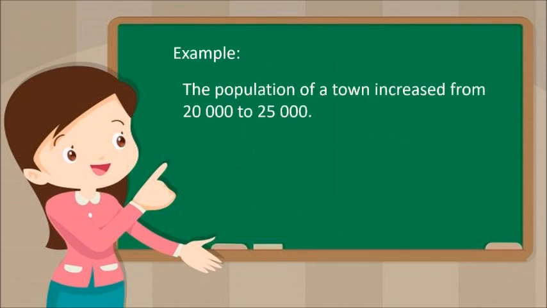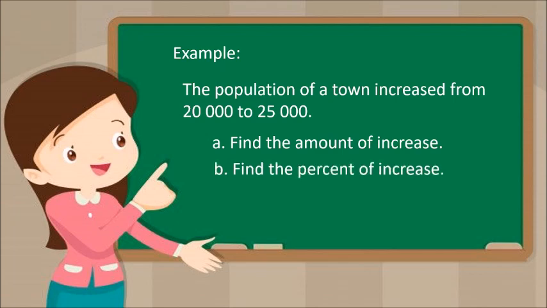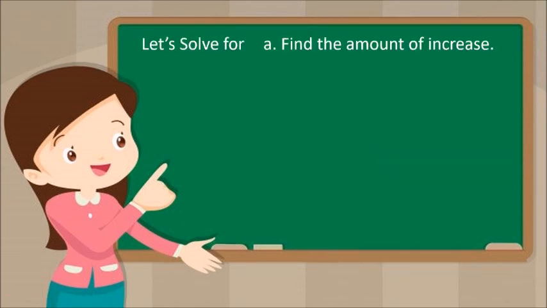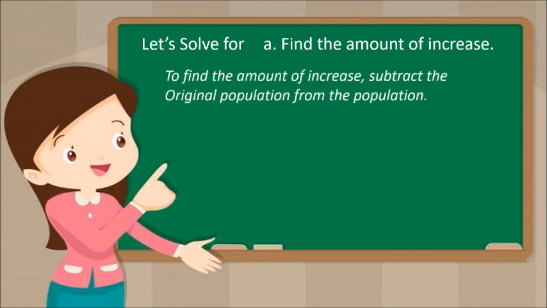Okay, another example. The population of a town increased from 20,000 to 25,000. A, find the amount of increase. And B, find the percent of increase. Okay, let's solve for A, find the amount of increase. To find the amount of increase, subtract the original population from the new population.